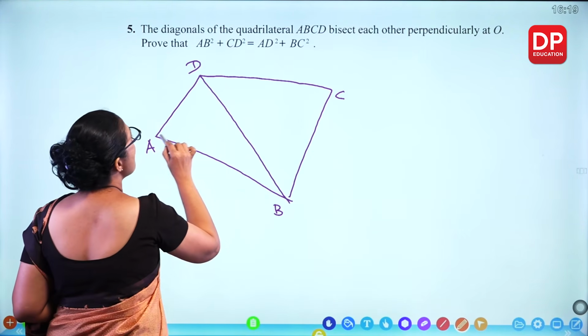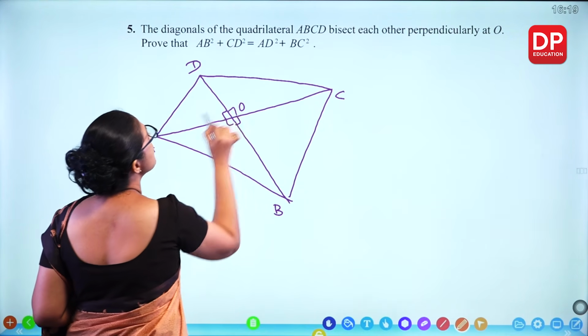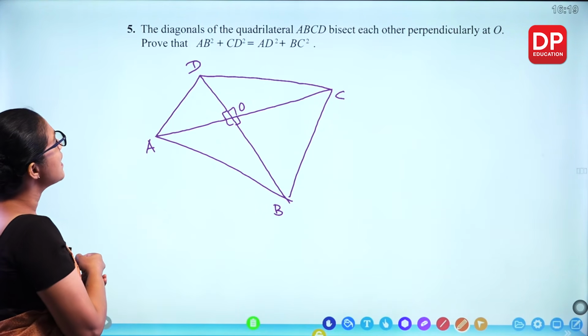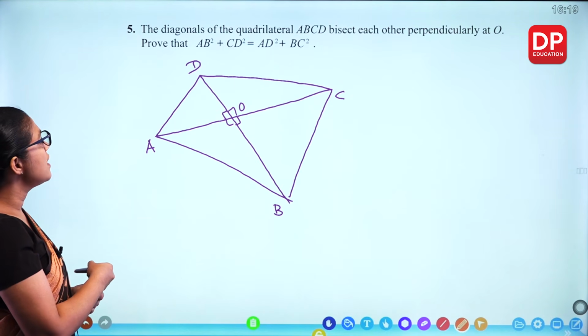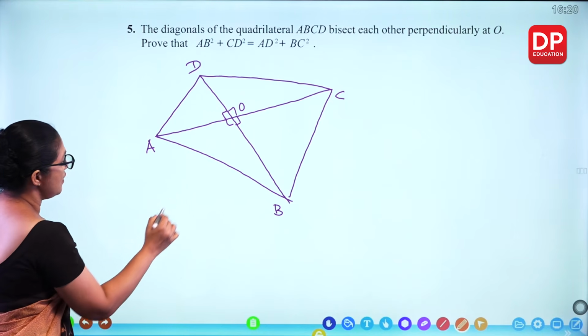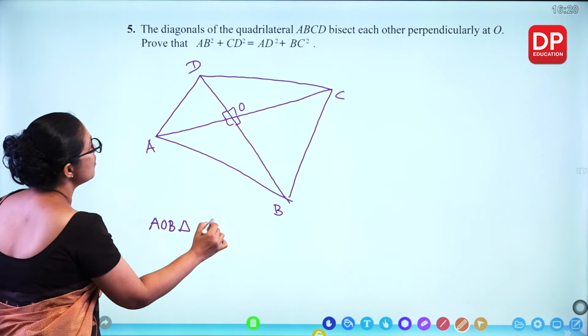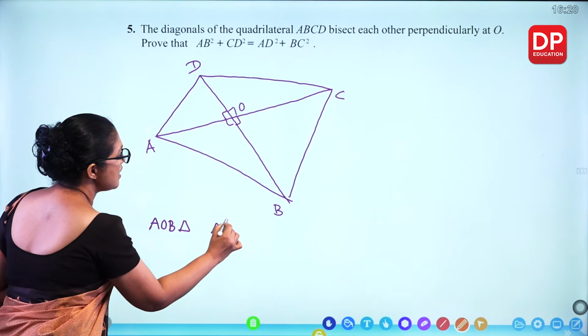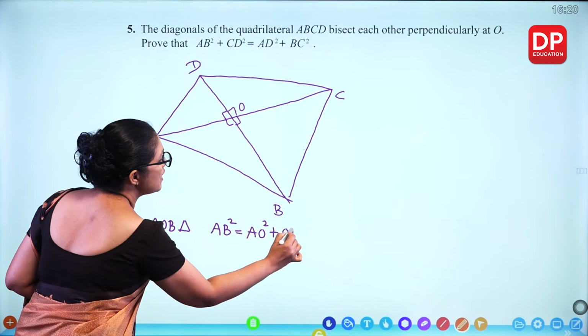Diagonals bisect each other means this is 90 degrees at O. Prove that AB squared plus CD squared is equal to AD squared plus BC squared. So when I take AOB triangle, I can write down AB squared is equal to AO squared plus OB squared.